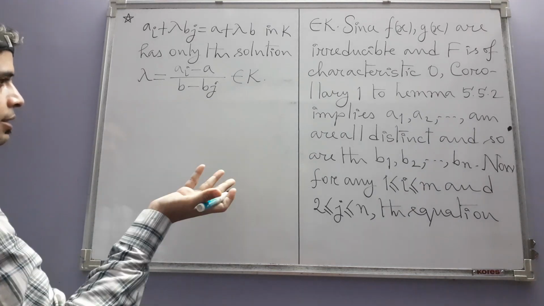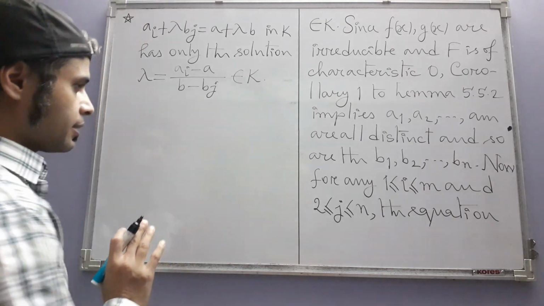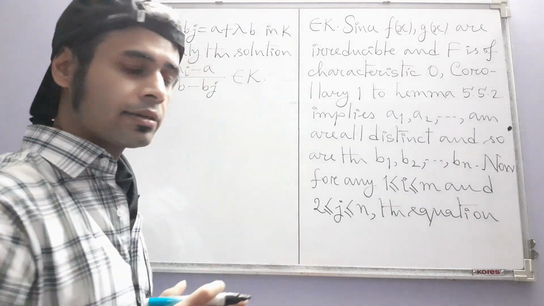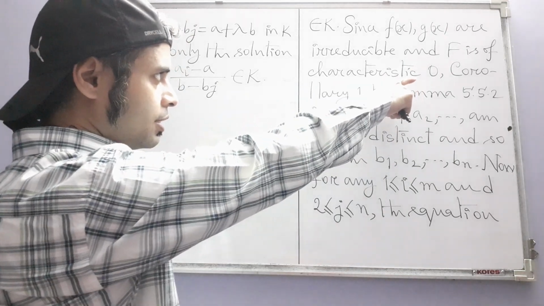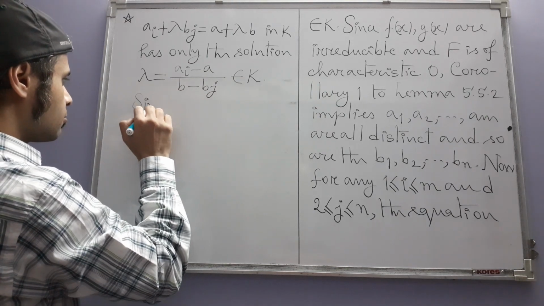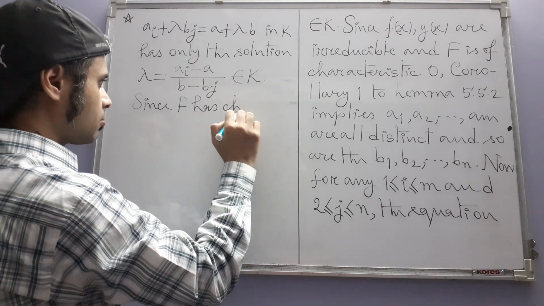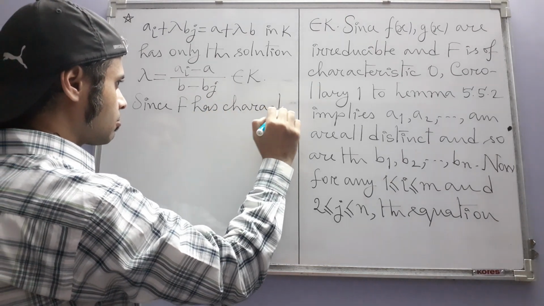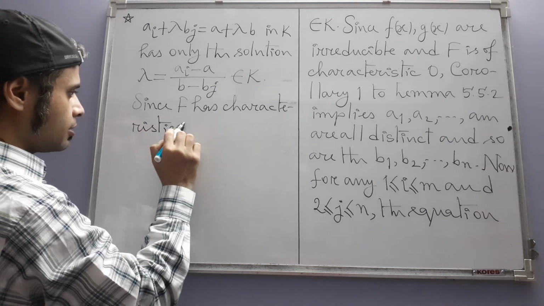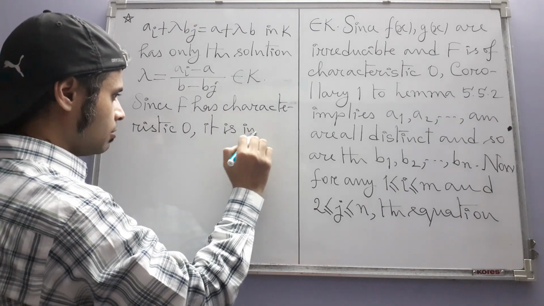Okay, but what does this have to do with all these things? Now we are going to use the condition that F has characteristic 0. I mean, we have already used it once here, but now again, since F has characteristic 0, it is infinite.